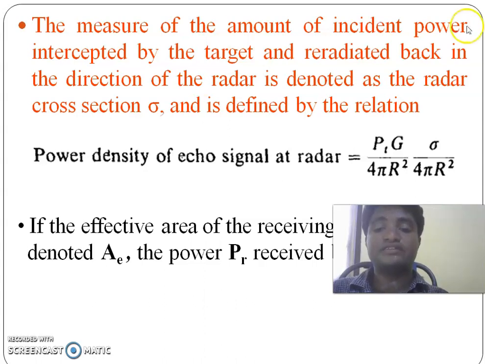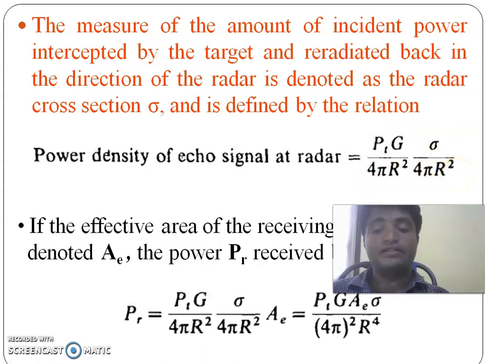We know the power density. By multiplying the power density with effective area, we can get the receiver power PR. Therefore, PR equal to PTG by 4 pi r square into sigma by 4 pi r square into AE. This is the received power.